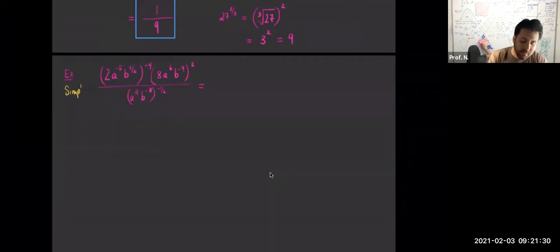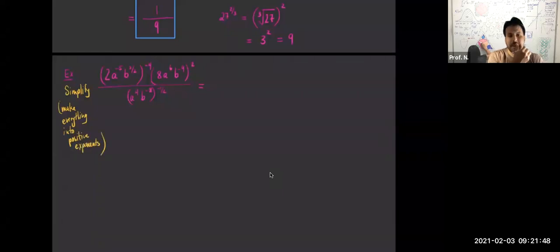The idea is we're trying to simplify and make everything into positive exponents. Okay, so I see GCF and LCD.